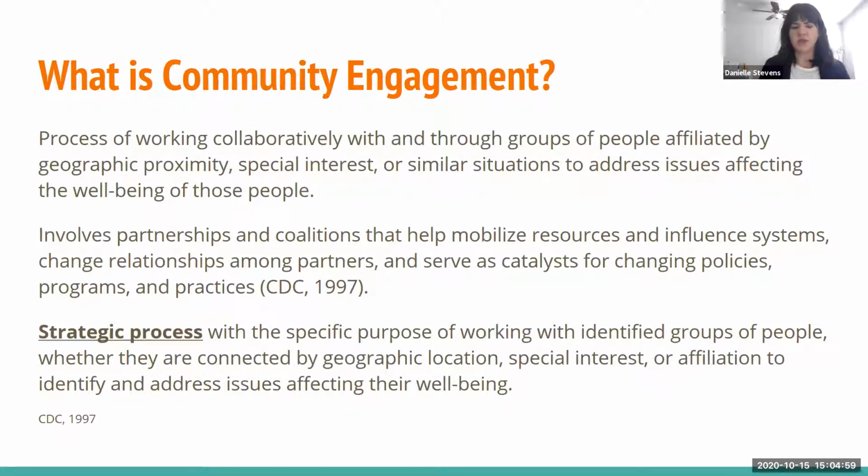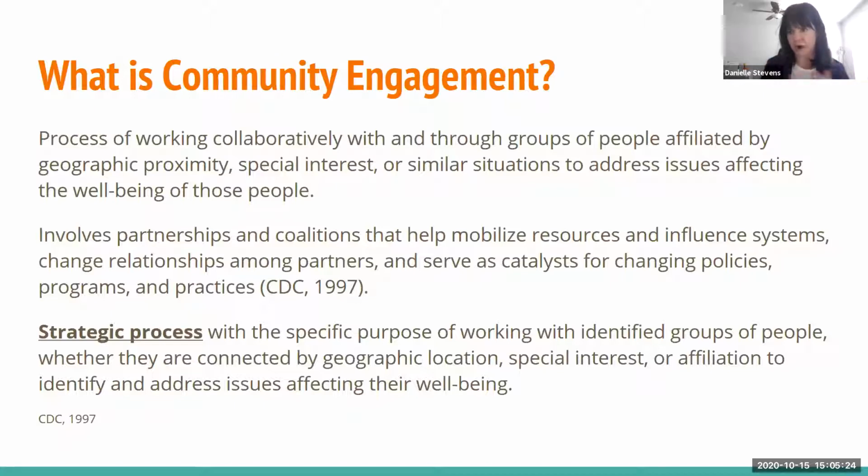And an engaged community with robust partnerships and coalitions can really be the vehicle for mobilizing people and resources and actually impacting the system, and can really be the catalyst for change in your community, for sustainable change that impacts policy, programs, and practices. And again, this is a process.